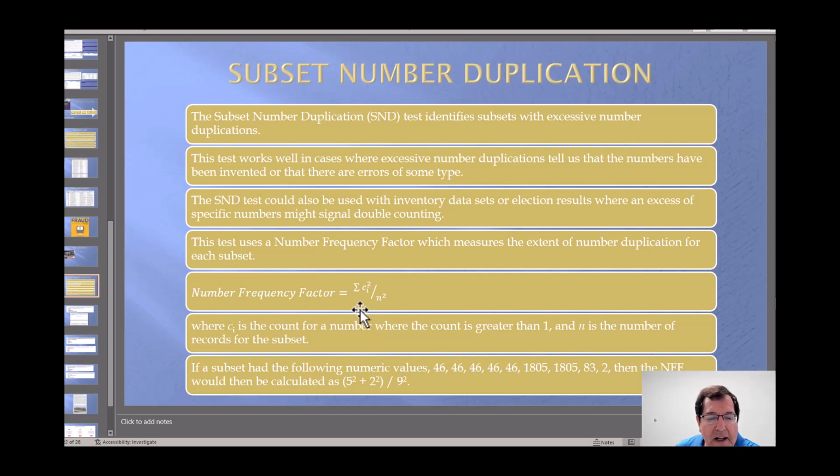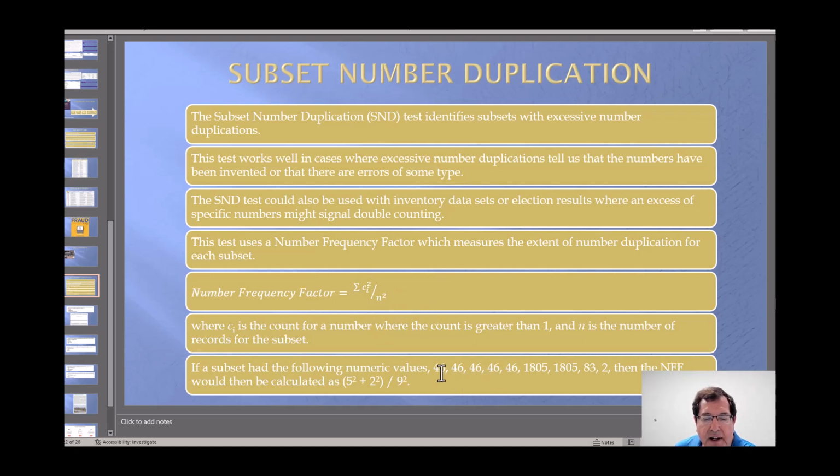I have the formula here as well. That's a summation. And what we do is we count the number of times each dollar amount occurs. We square our counts, and we divide it by the total number of records in the data set.